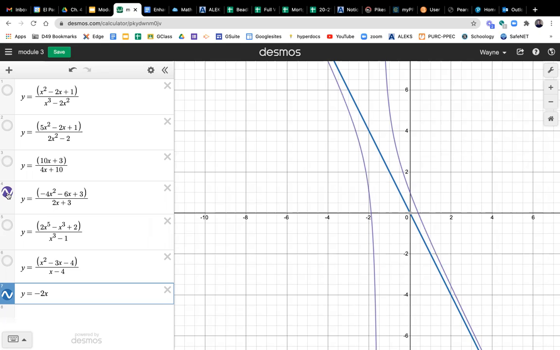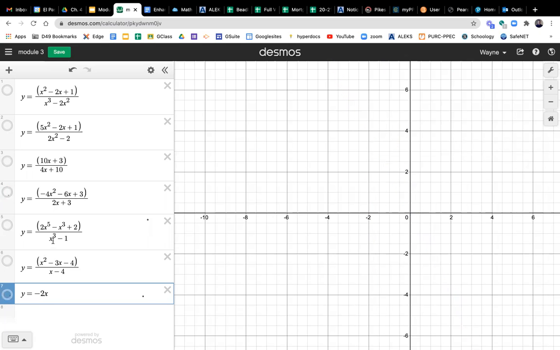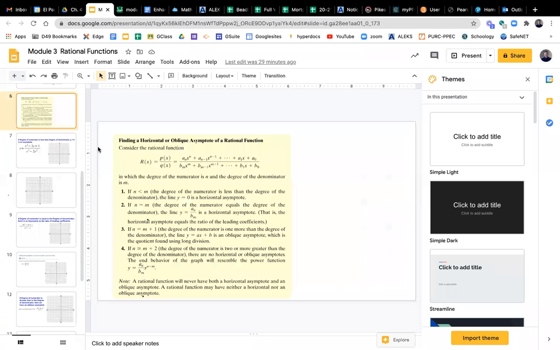Now, let me take these off, this one and this one. If you notice, this one has two differences between the powers. And in that case, according to these rules up here, if they're two different, then it's going to have a power function, and it goes off of the leading coefficients and then subtracting the powers.